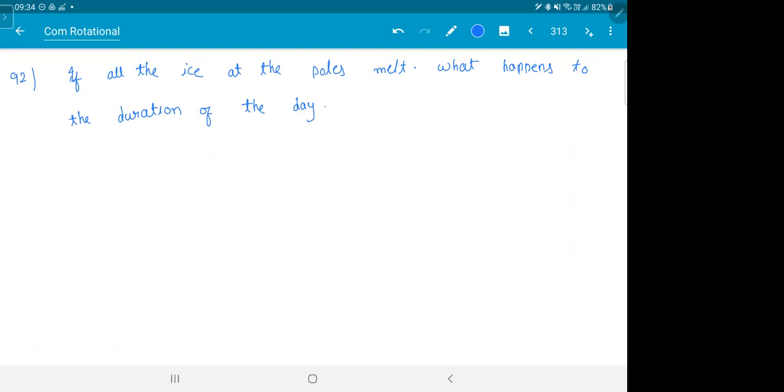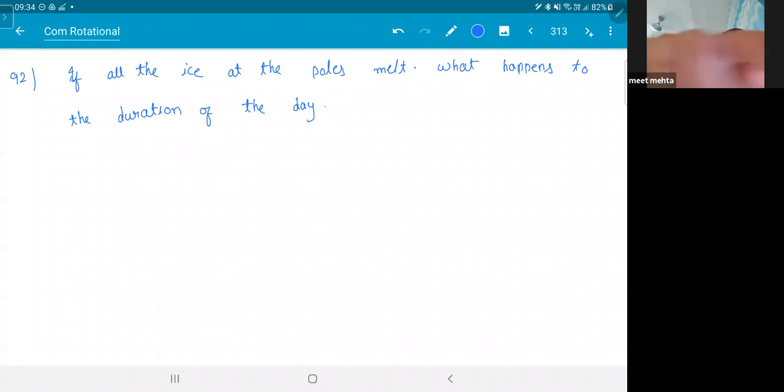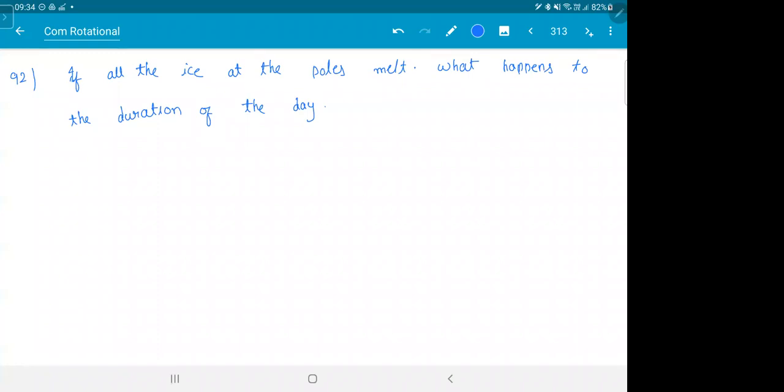What happens to the moment of inertia? Increases. Moment of inertia increases. If you remember, we have done this thing before.